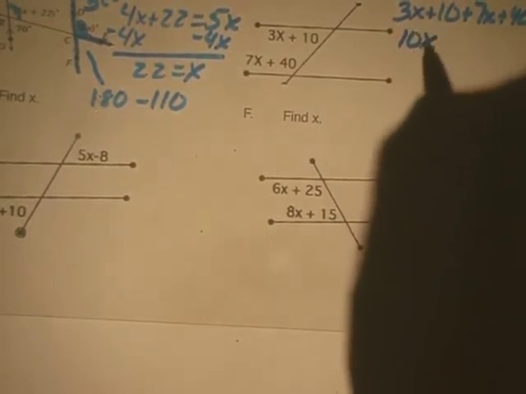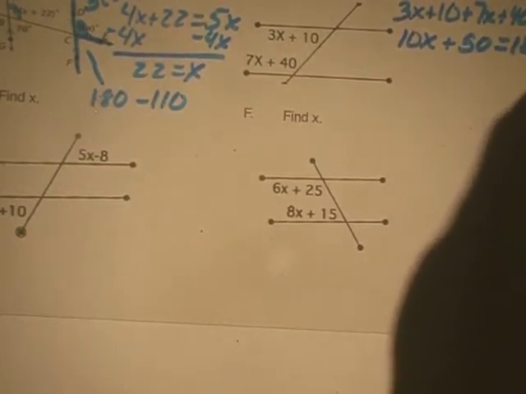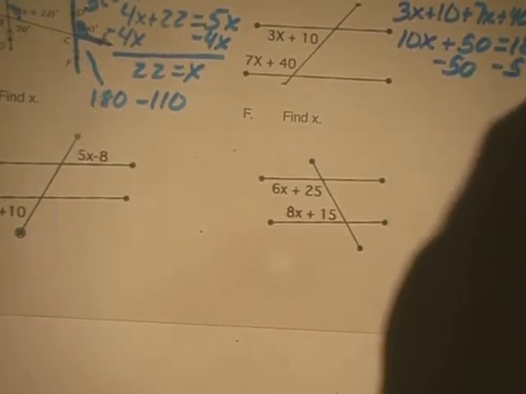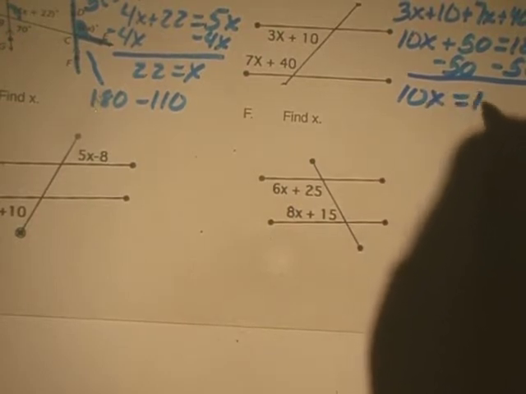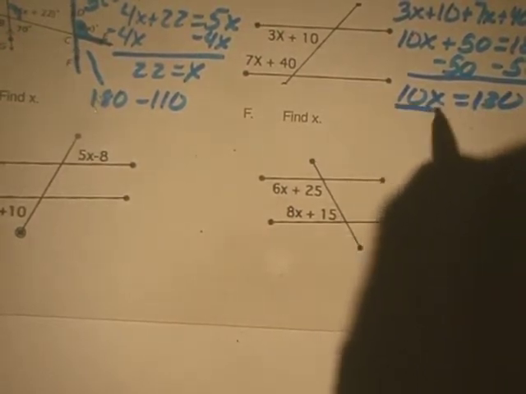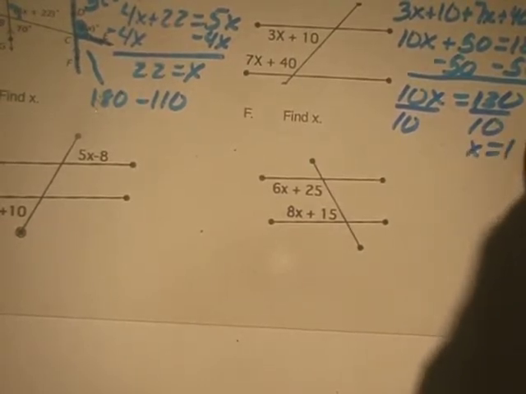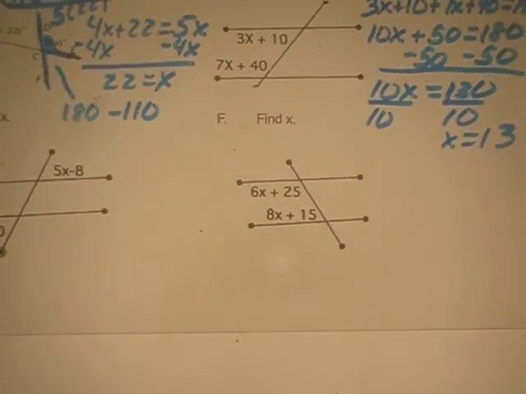So we have 10x plus 50 equals 180. Subtract 50 from both sides, and you would have 10x equals 130. And then you divide both sides by 10, and you end up with x equals 13. In this case, you were only asked to find x. You didn't have to substitute it back in there, so that's your final answer.